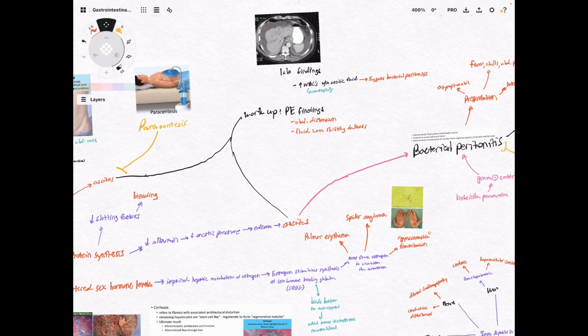On lab, if that progresses to bacterial peritonitis, which is just the bacterial infection that goes along with ascites, it's very common. If a patient has ascites, it creates an environment very habitable to bacteria. So that can unfortunately happen, but on lab, you will see increased white blood cells in the ascitic fluid, and that suggests that it's going to be bacterial peritonitis.